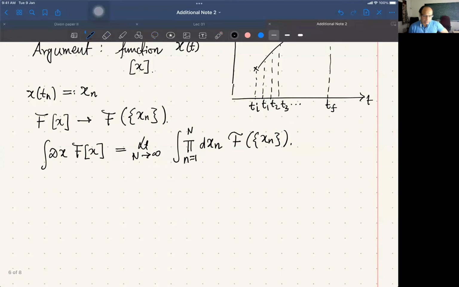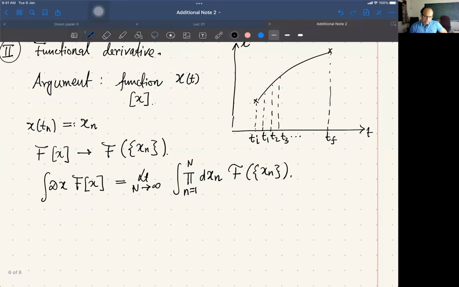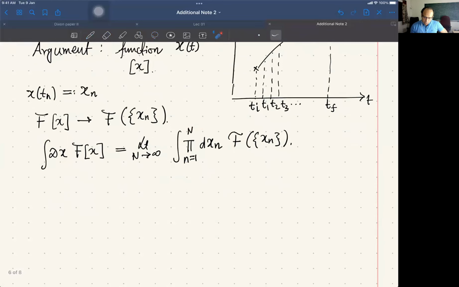That is how you do it. But the basic take-home message here is that there is a correspondence between this integral and the usual integrals in the discrete language. Usual integral, by which I mean the integral that we usually do.